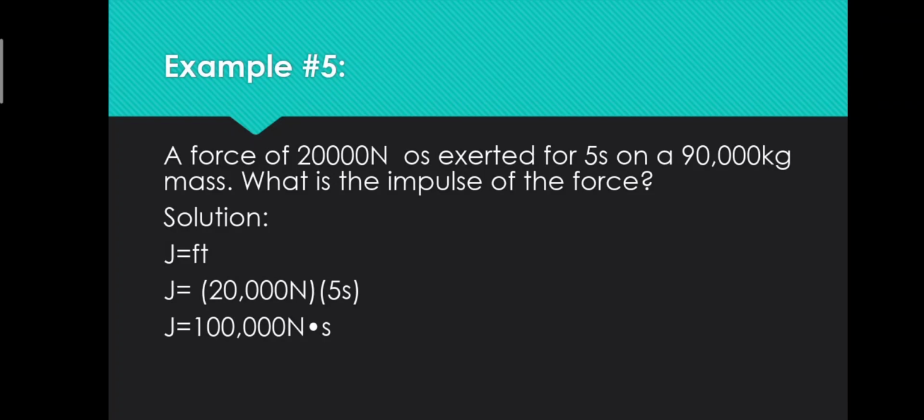To get the impulse of the force, let's multiply the value of force, which is 20,000, and the time, which is 5 seconds. So the impulse is equal to 100,000 N·s, or 100,000 Newton seconds.